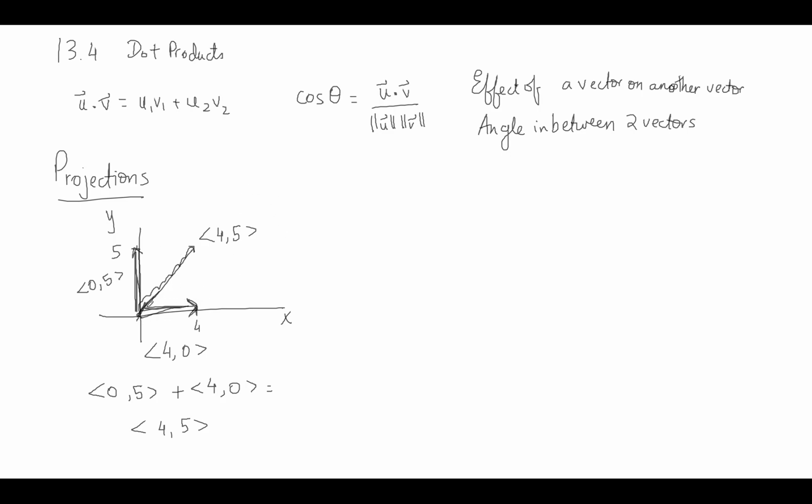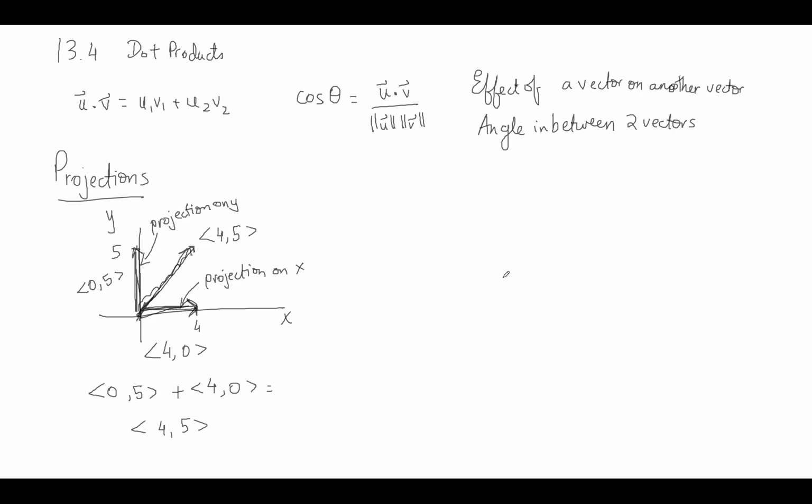So this idea of looking at just unidirectional movement, even though my actual movement is this diagonal bit, I'm only looking at how much I'm moving in the x direction, and how much I'm moving in the y direction. When I look at how much I'm moving in the x direction, that's a projection of this vector on x. And when I'm only looking at what I'm moving in the y direction, that's a projection on the y-axis.